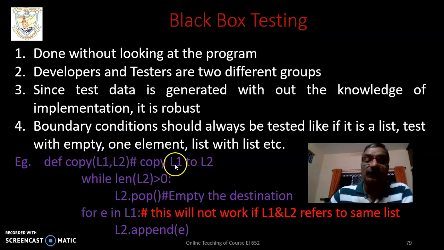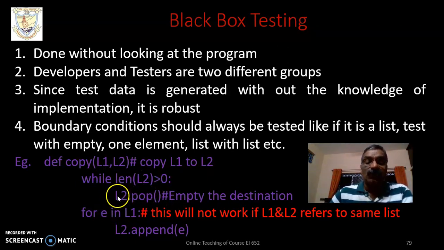I have to copy from L1 to L2. Here, the whole thing is kept under a while loop. This while loop will run only if the destination list length is greater than 0. So if there is no element in the list, it will come out.